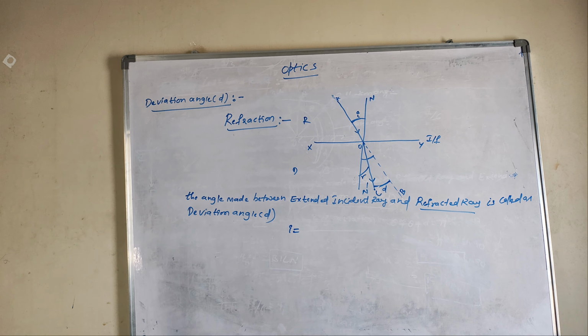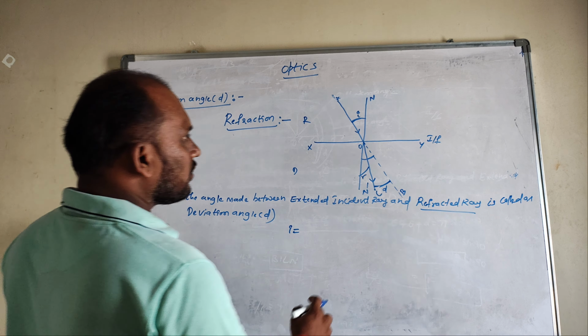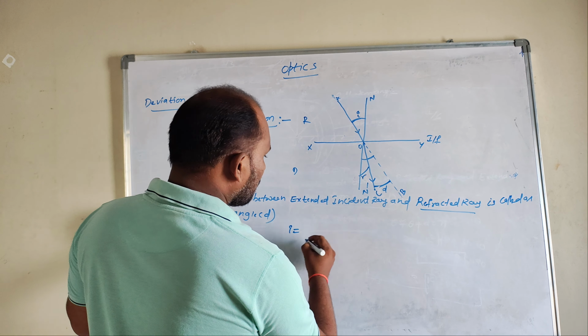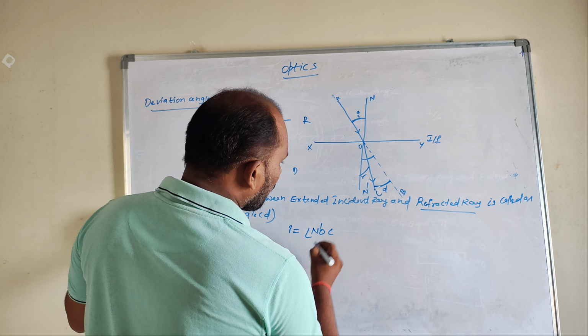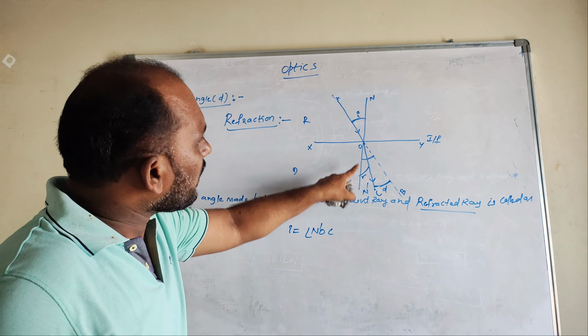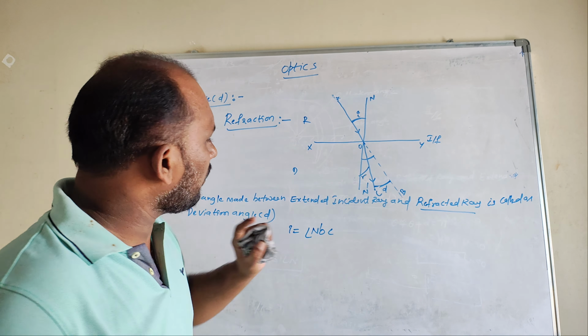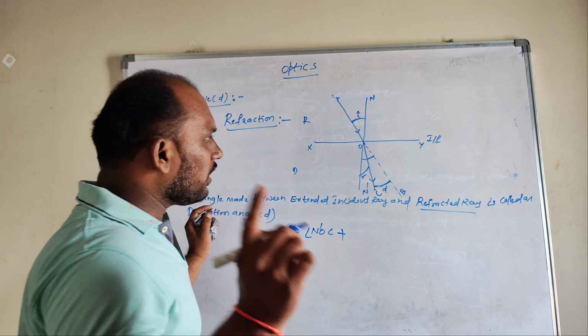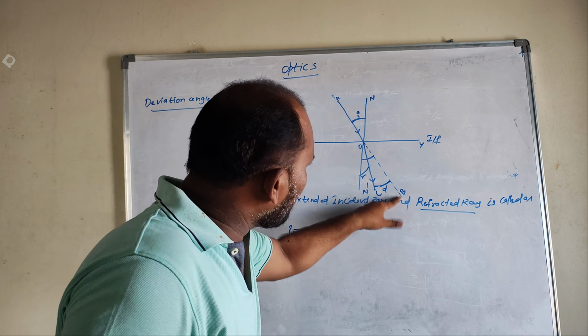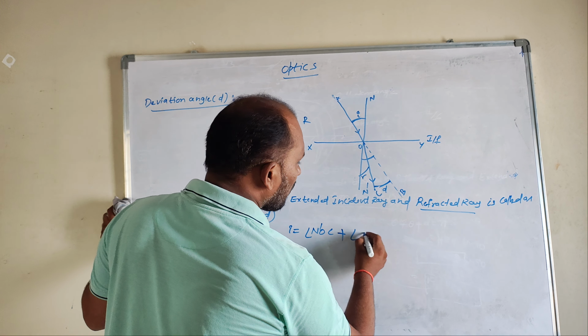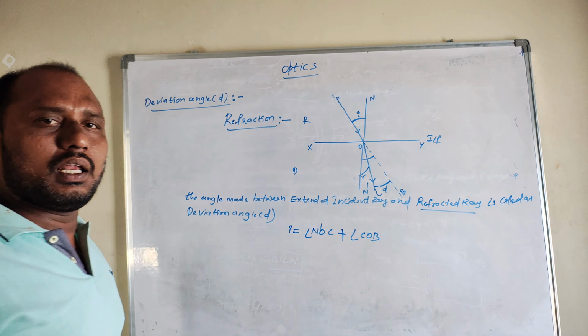From this diagram, I is equal to the angle N dash OC plus another angle, COB.